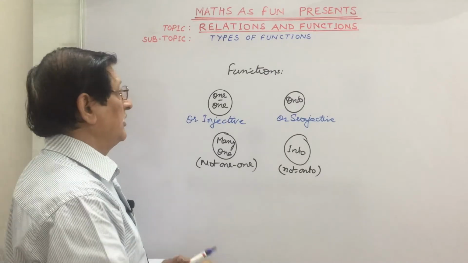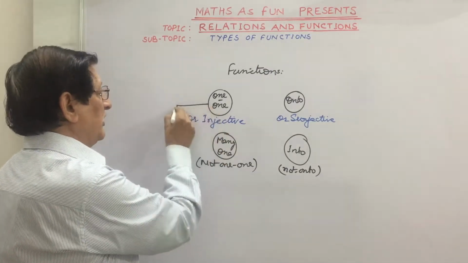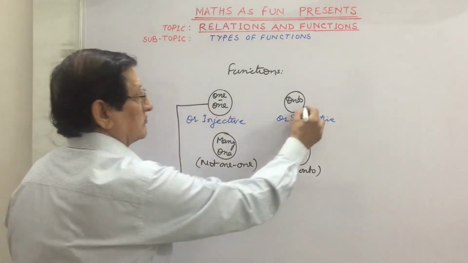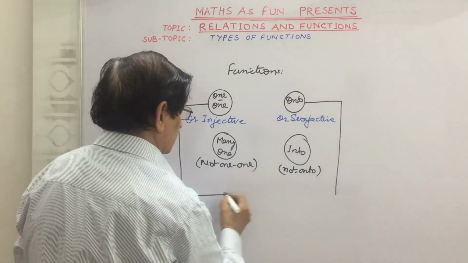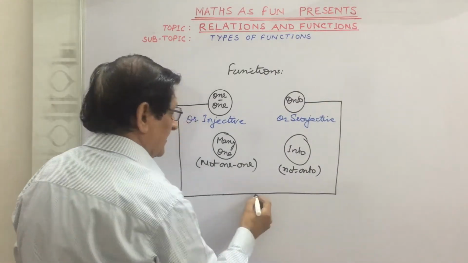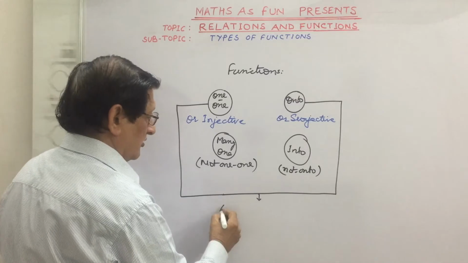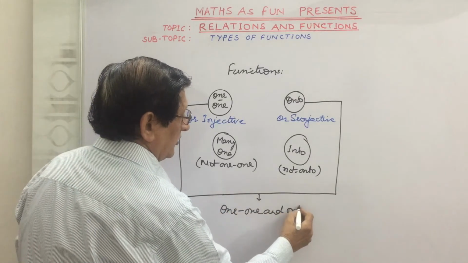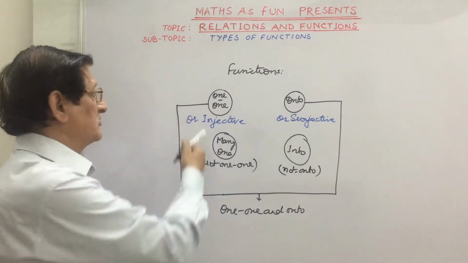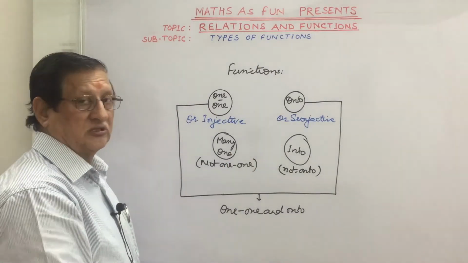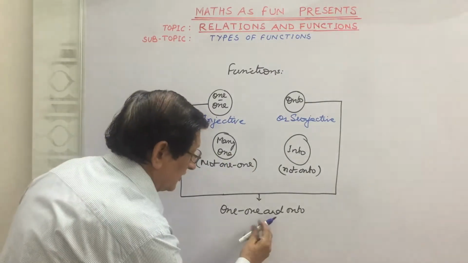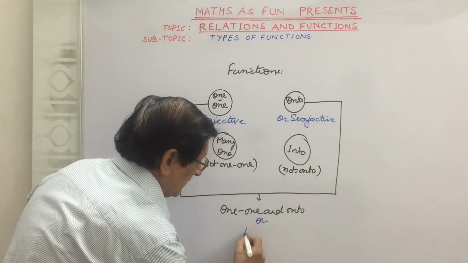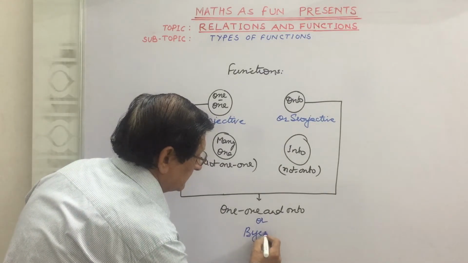And if a function is one-one and onto both, suppose this is a function which is one-one as well as onto, it means this is injective as well as surjective. We call it bijective.